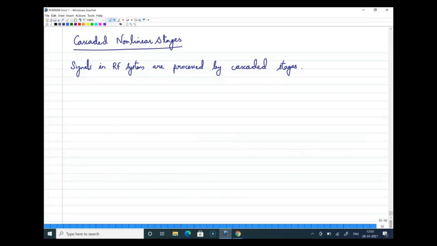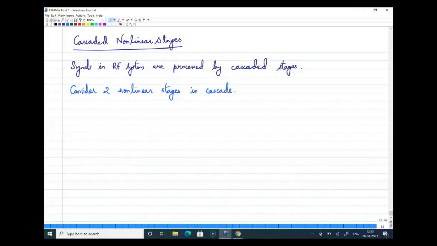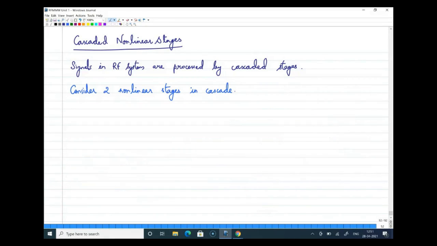For mathematical convenience, I am considering only two stages in cascade. So I am considering two such nonlinear stages. When I say two systems, this is your first circuit.